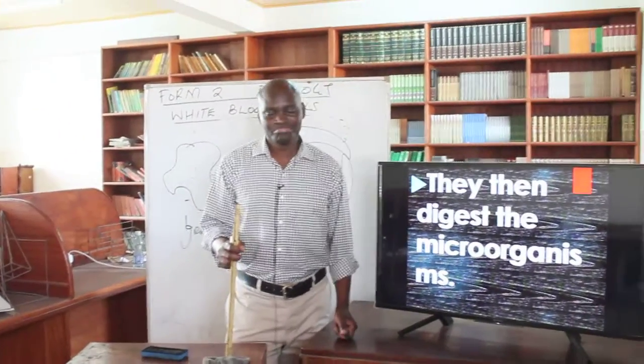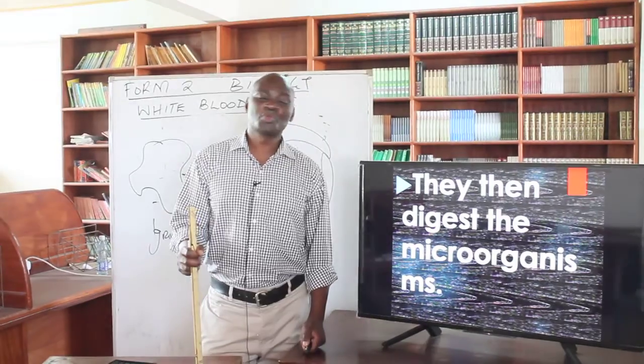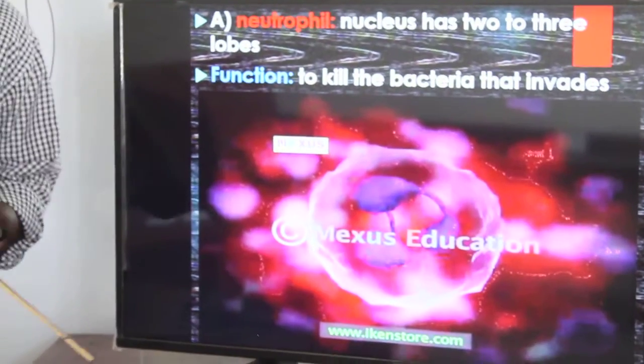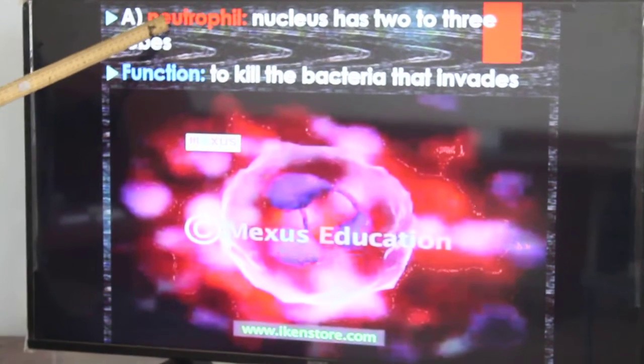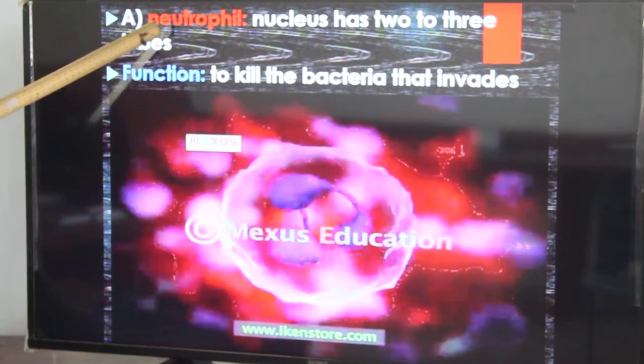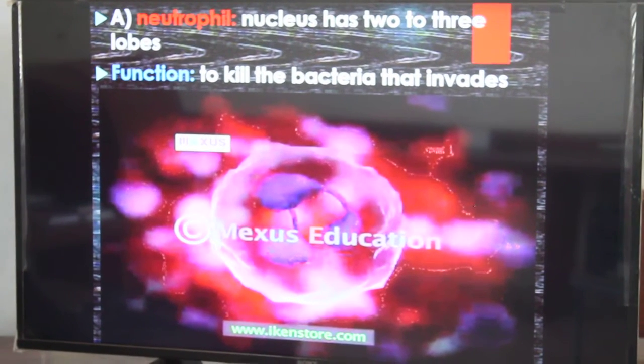So they digest the microorganism and destroy it completely. So we have different types of granulocytes. The first type is the Neutrophils.